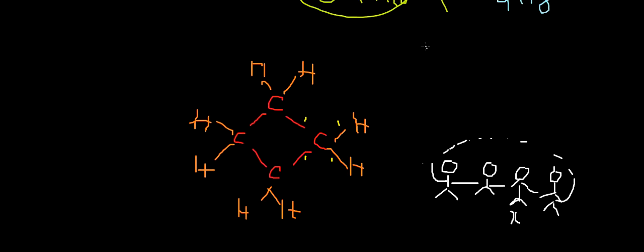If each friend is a carbon atom joined by ropes, then in a straight chain they need some more ropes, two more.